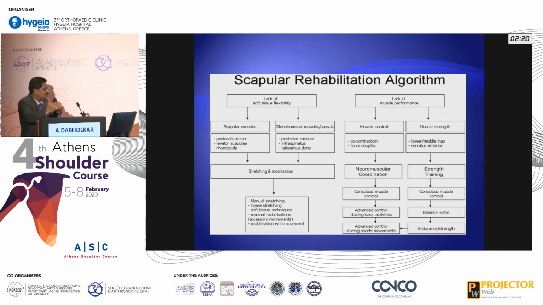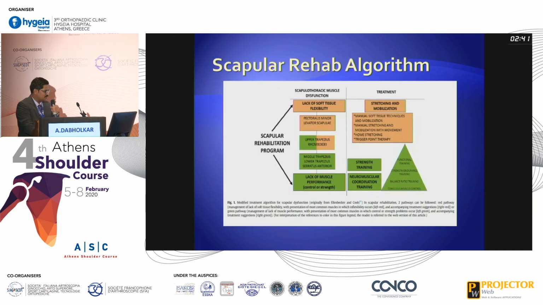Whenever there is lack of muscle performance, you need to work on control, coordination, and strength training, conscious control of the scapular muscles, advanced control of basic activities or during sports, balance ratios, and work on endurance and strength depending upon the work and the sport. That's again a scapular rehab algorithm which is modified and which talks about even functional training at the end.